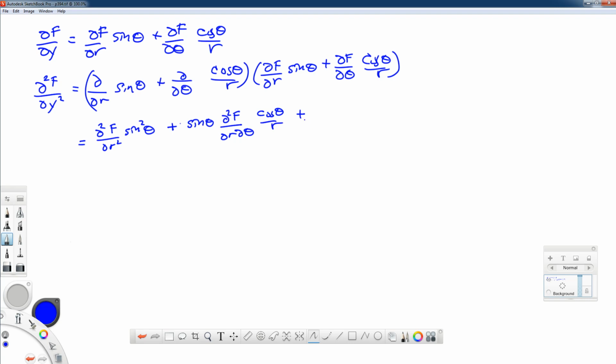We're going to have a term that looks like the partial with respect to theta times cosine theta over r, operating on the partial of f with respect to r times the sine of theta.